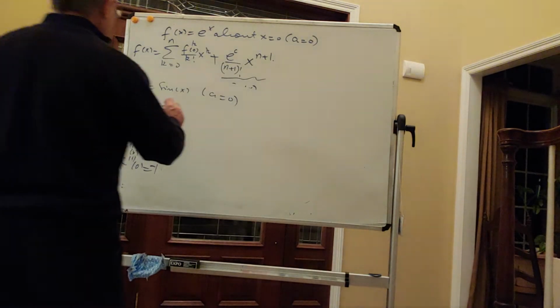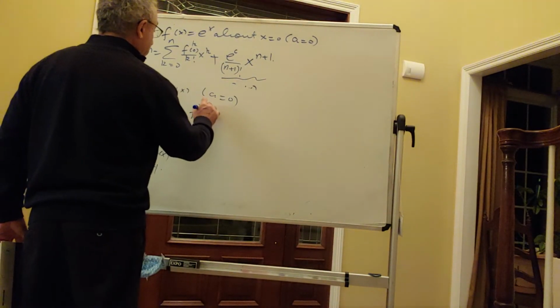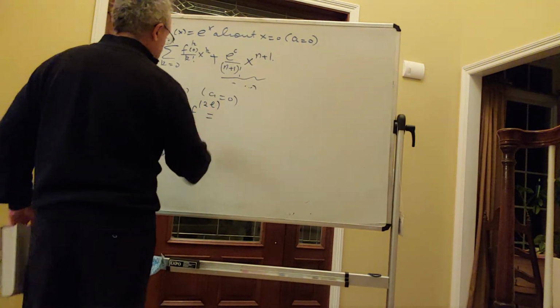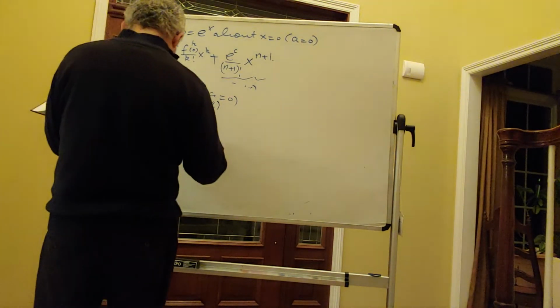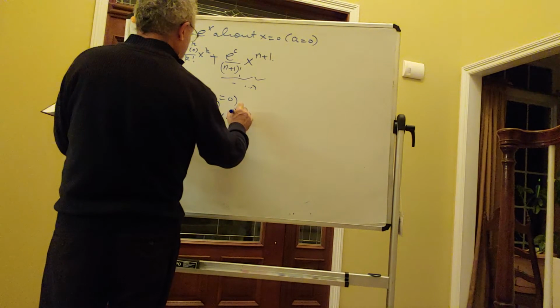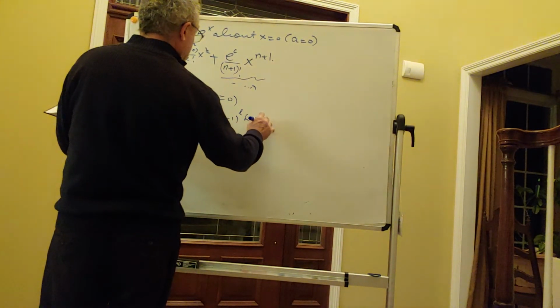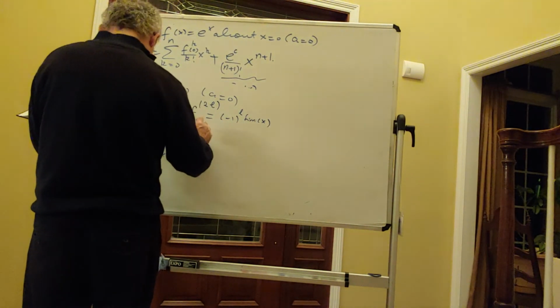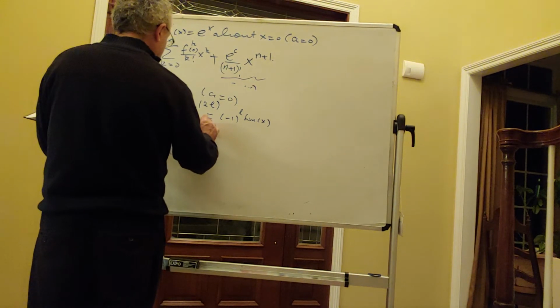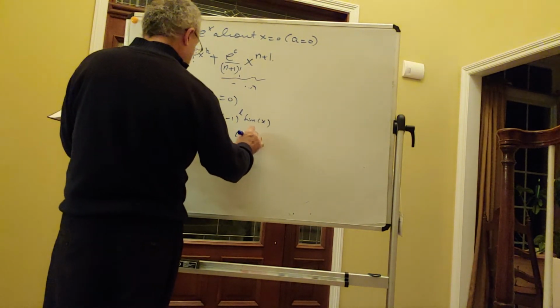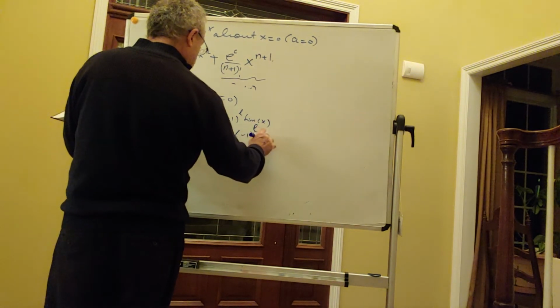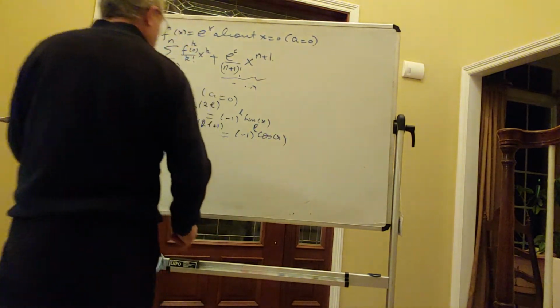As you see, f of 2L is going to be minus 1 to the L sine x, and f of 2L plus 1 is going to be minus 1 to the L cosine x.